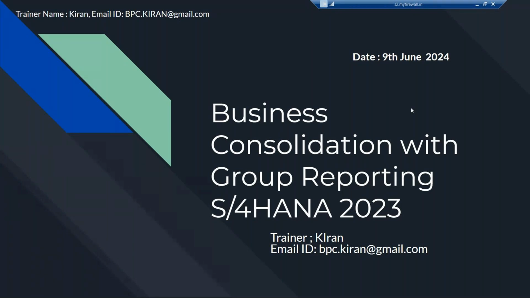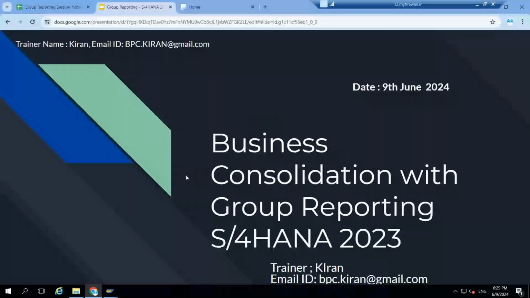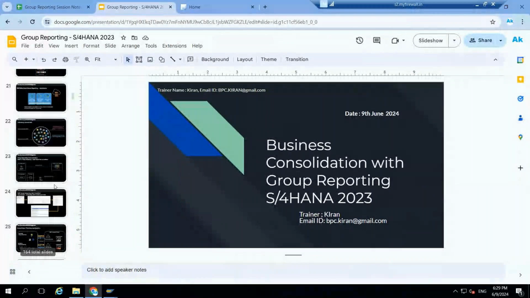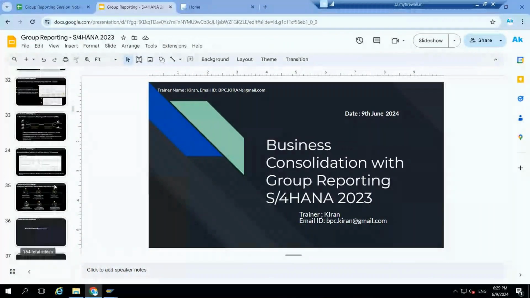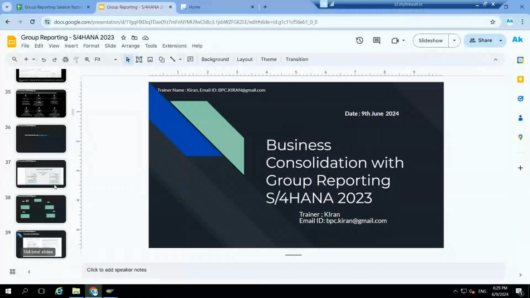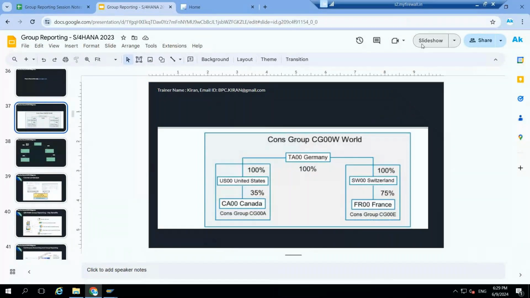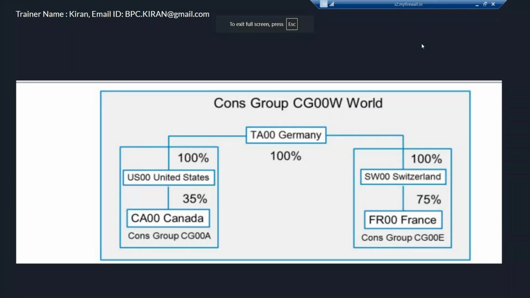So let's take one example. I have 5 legal entities. Let's say Germany, one legal entity. Whatever you see in this square is basically one entity.